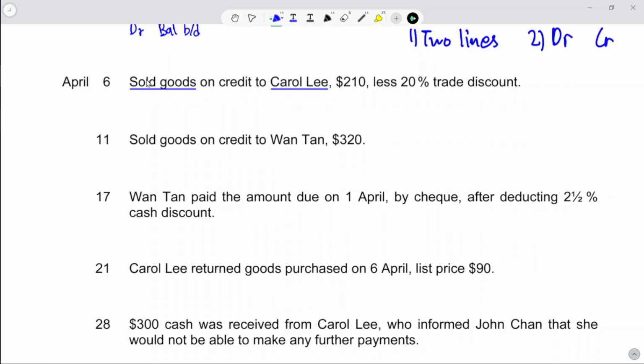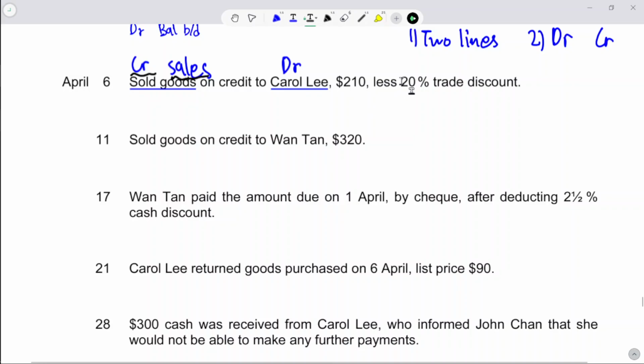So this sold goods is actually sales. Sales is always credit, and debit here, then credit here, debit here.